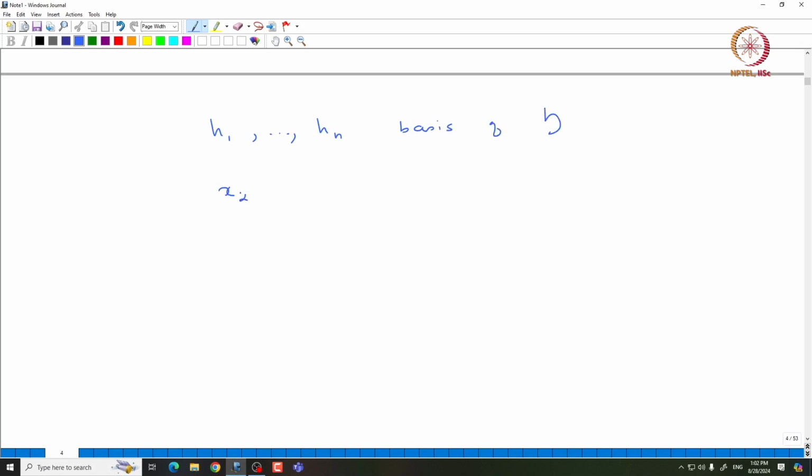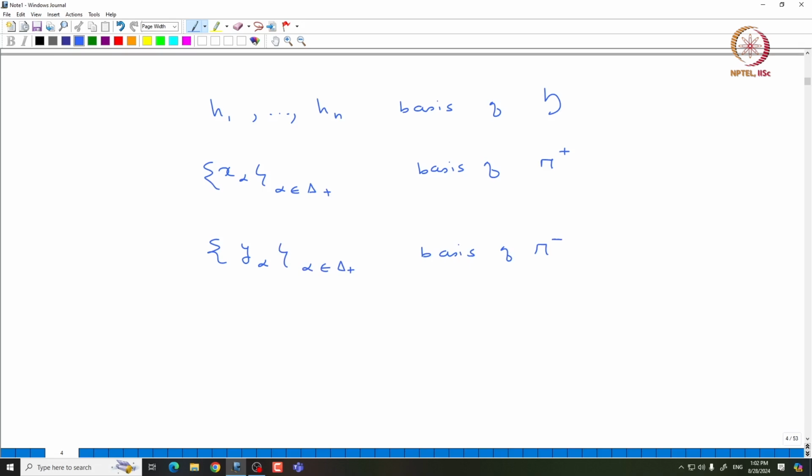Then we have x alpha, alpha in delta plus, which is the basis of n plus. Then you have y alpha, which is the basis of n minus. With these bases it is easy to find the dual basis.